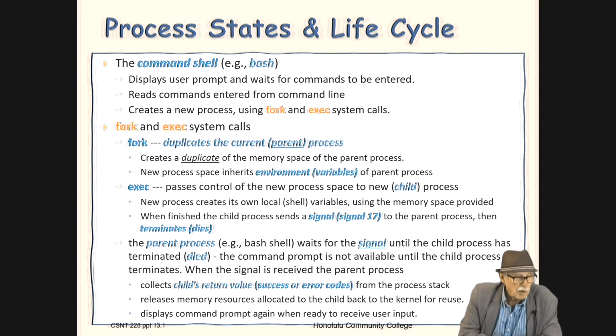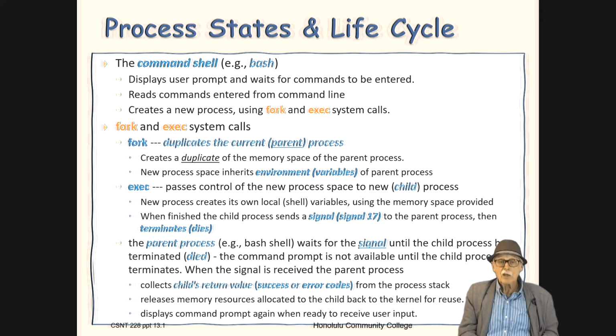It creates its own local shell variables besides those it got from its parent, using the memory space provided. When the child process finishes, it sends a signal 17 to the parent process and then terminates. At least that's the way it's supposed to happen. The parent process waits for the signal until the child process has terminated. The command prompt is not available until the child process terminates.